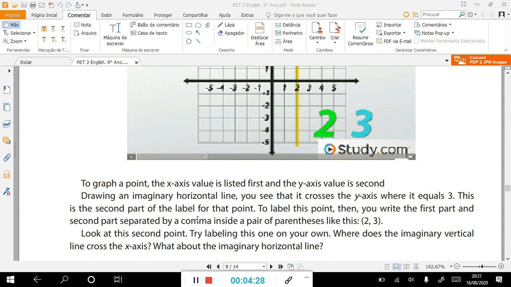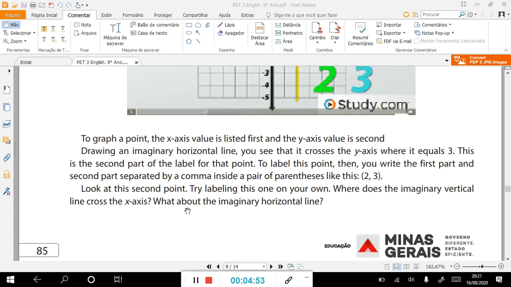Draw an imaginary horizontal line. You see that it crosses the y-axis where it equals 3. This is the second part of the label for that point. To label this point, then you write the first part and second part separated by a comma inside a pair of parentheses, like this: (2, 3).